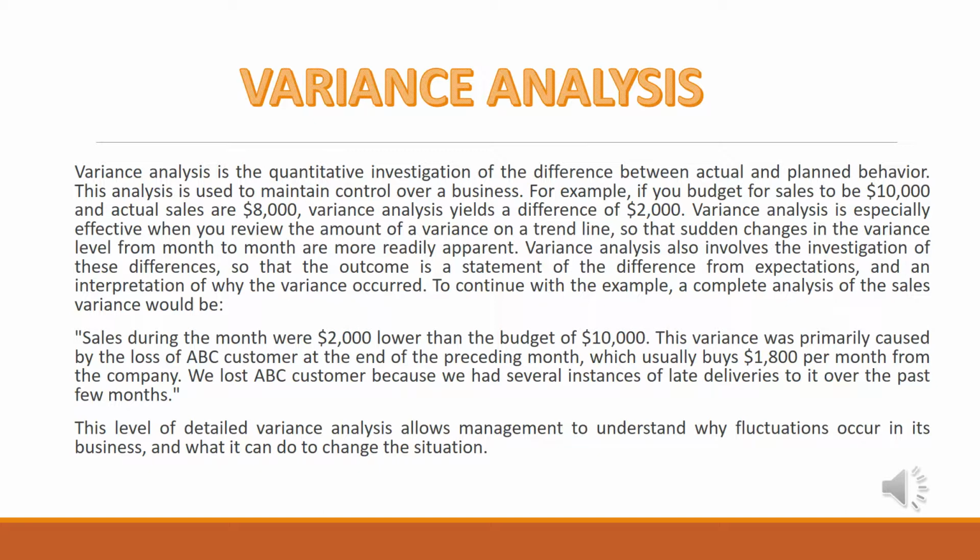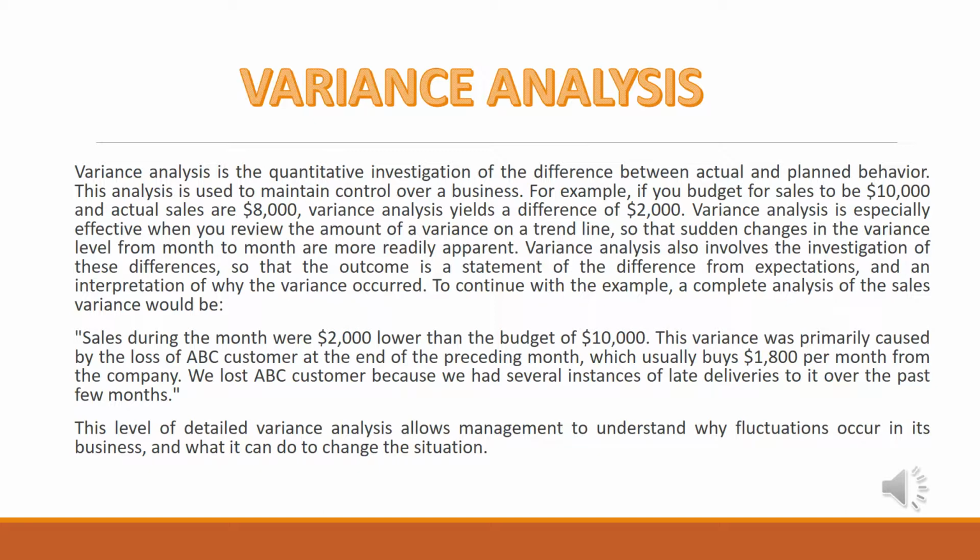To continue with the example, a more complete analysis of the sales variance would be: sales during the month were 2,000 lower than the budget of 10,000. This variance was primarily caused by the loss of the EBC customer at the end of the previous month, which usually buys 1,800 per month from the company.